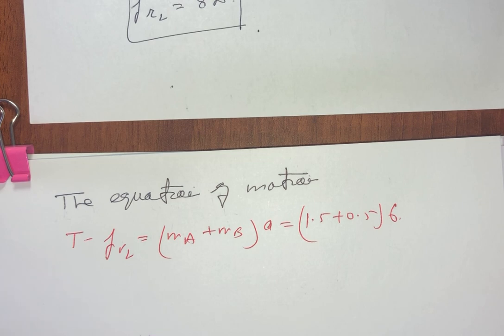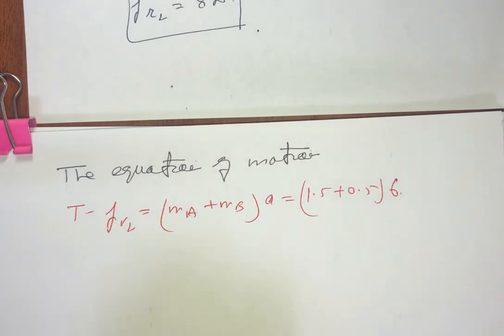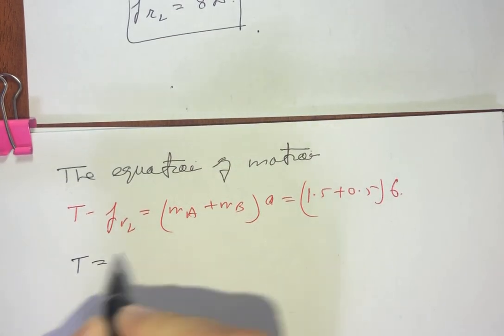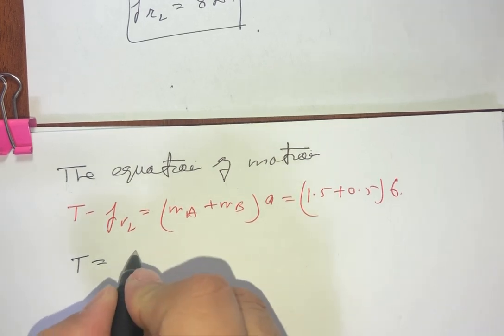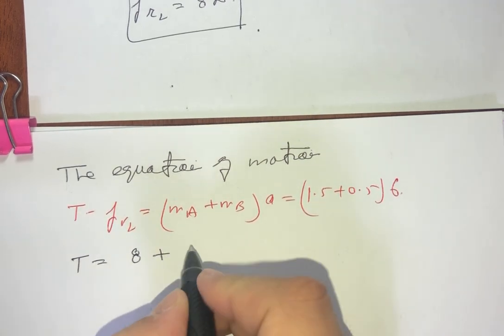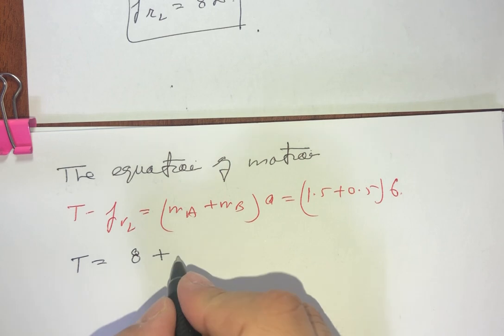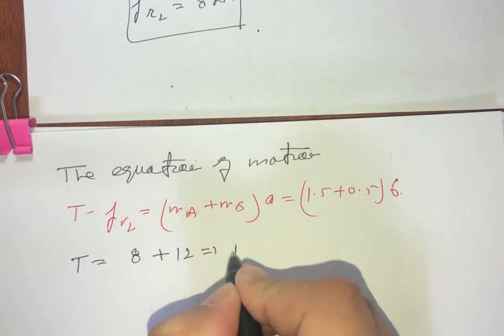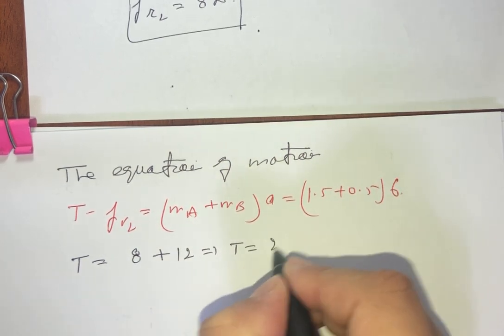So T will be equal to, we know Fr2 is 8, 8 plus 12. So we get tension T equal to 20 Newton.